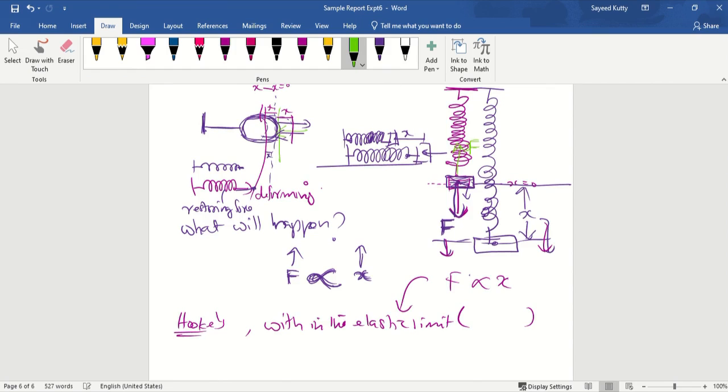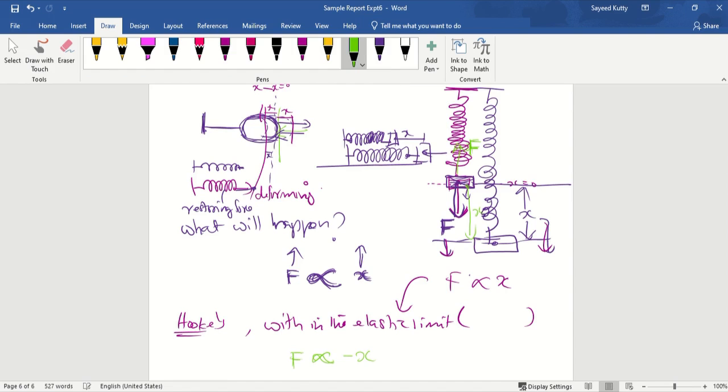So look at the spring, the restoring force and the extension produced. Here the extension is in this direction. So are they in the same direction? No. So we can say that this F is directly proportional to minus X.